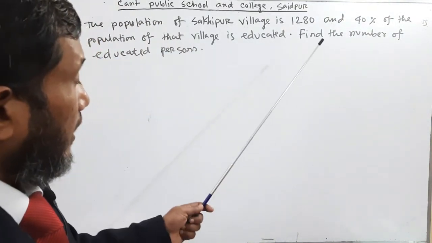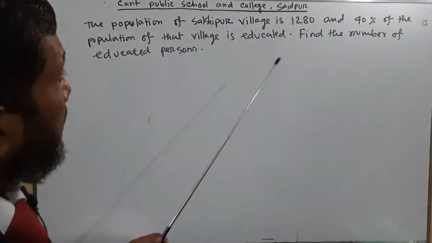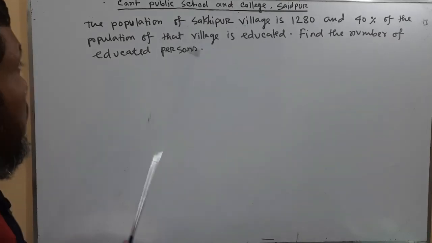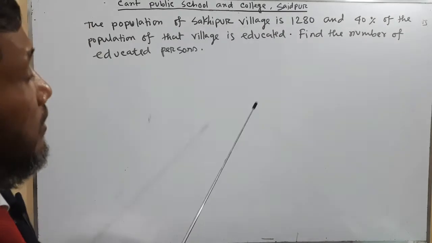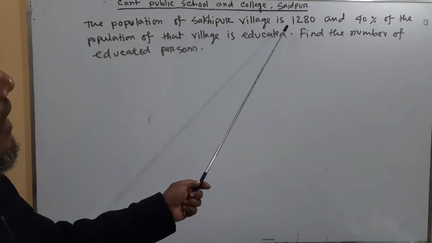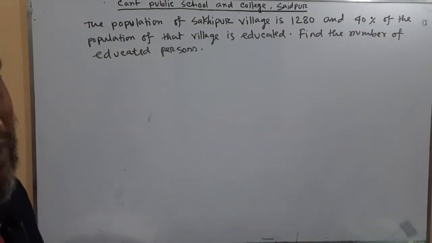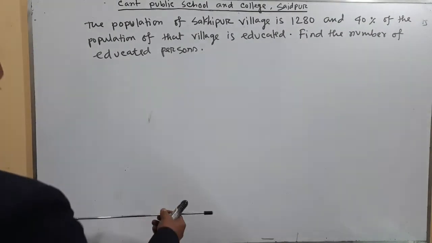That is, out of 100 population, the educated population is 40. For 1 and for 1280, what will be the number of educated persons?